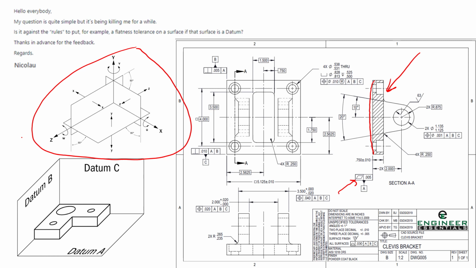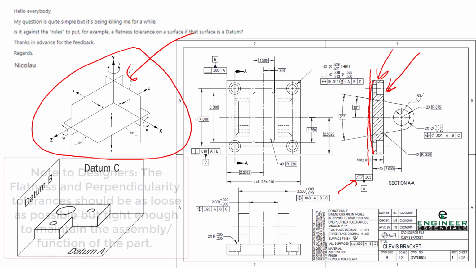And the reason is because we're putting this imperfect part into this perfect datum reference frame, or we're putting it on a granite table, or into a CMM, which is going to take a flat plane from that surface. And what that's doing, remember, is we're trying to make this surface as close as possible to that perfect datum plane.